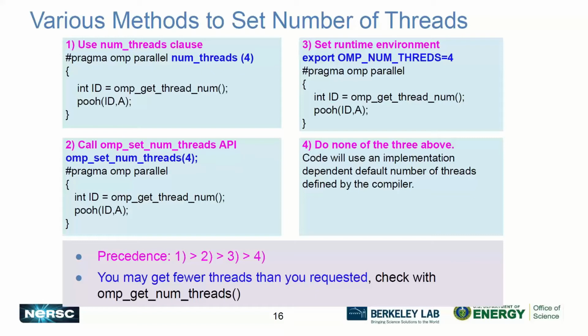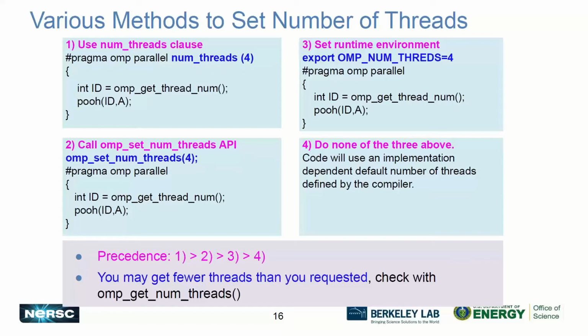That's number 4. If you set OMP_NUM_THREADS equals 4 in the runtime environment, that's the third choice. For more portability, number 2 is the omp_set_num_threads API call, which sets the number of threads used for the next parallel region. Or for each individual parallel region, you can use a clause. This takes the highest precedence.